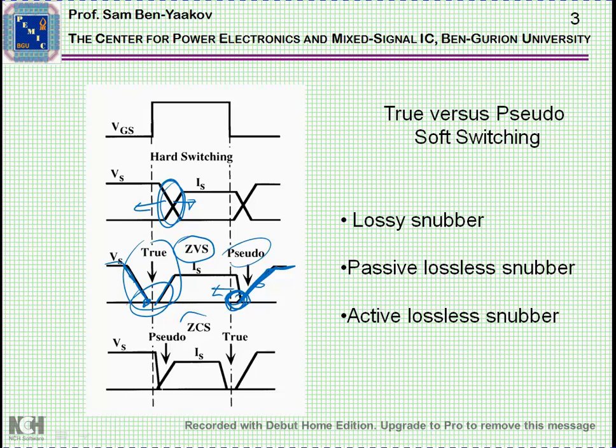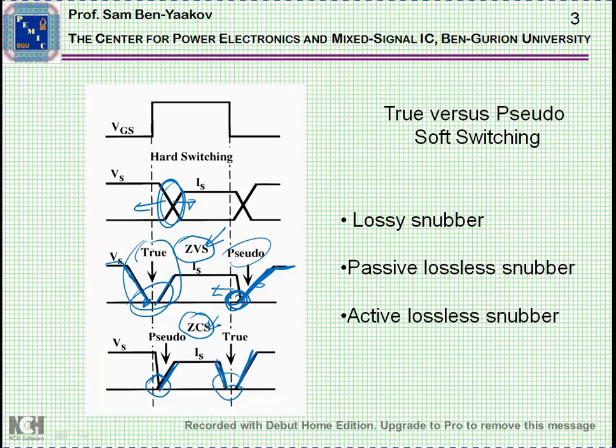And if we do the same thing with zero current switching, here we turn off the current before the voltage goes up, and here we slow down the rate of rise of the current so that the overlapping is minimal. So there are possibilities of zero voltage switching and zero current switching, and each could be either true or pseudo.